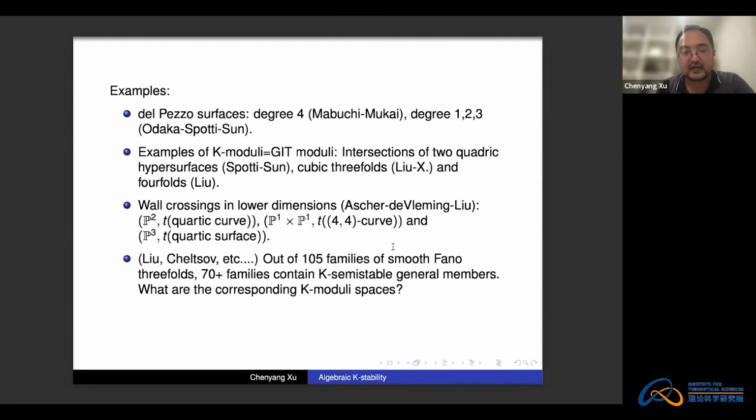And then Odaka-Spotti-Sun also found the compactification of the smooth locus.